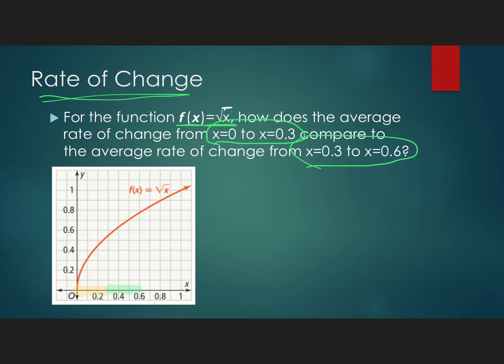And if we look at those sections on the graph, you can see that section, and you can see this section. We could find our average rate of change by simply taking the points. For x from 0 to 0.3, we have the point (0, 0) and the point 0.3, and that looks like about 0.55.